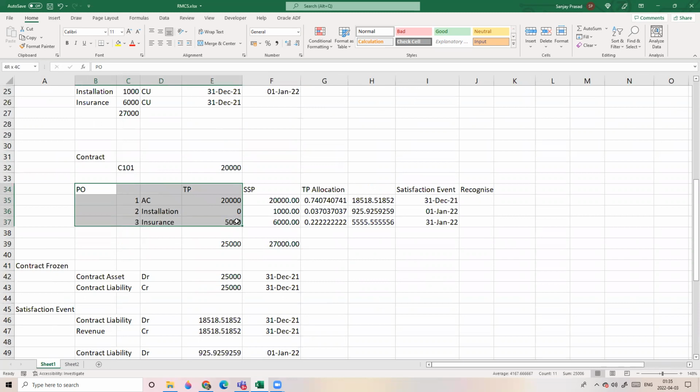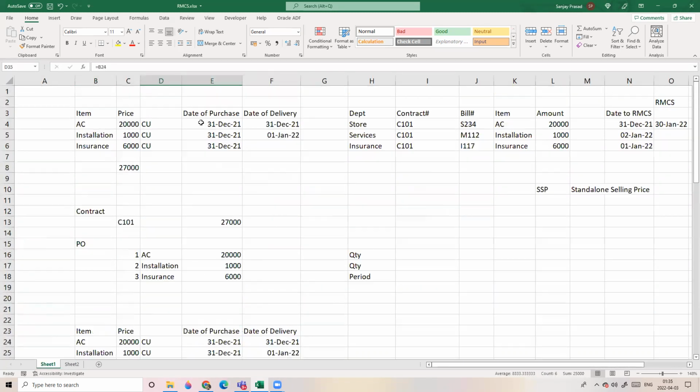The order was placed by the customer on 31st December 2021. The air conditioner was delivered on 31st December 21 itself, so it's fair to assume that the performance obligation for the AC is satisfied because it has been delivered to the customer. But installation was done the very next day.